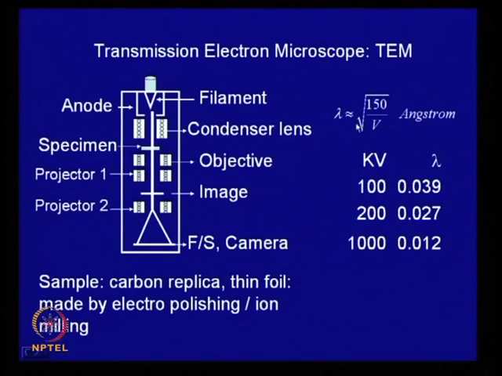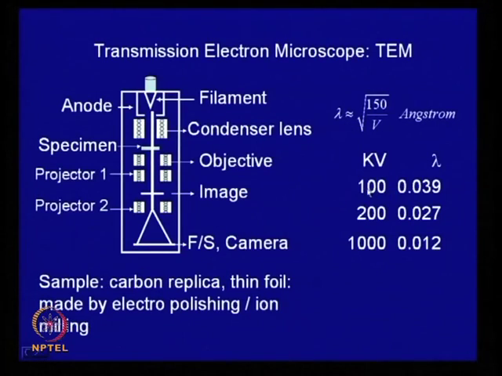And regarding the wavelength, it has a direct relationship. The wavelength corresponding to that electron beam can be calculated using this expression. This is root over 150 over voltage, and this gives you the wavelength in angstrom.